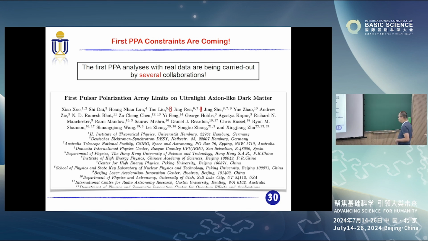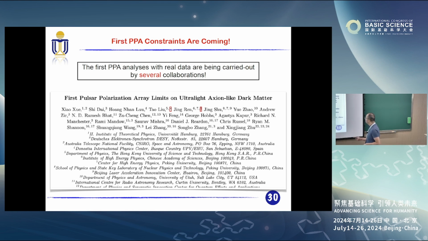Next, I will show some results obtained from the work in collaboration with PAX PTA. These three first authors: Xiao Xue is a postdoc in DESY, Shi Dai is a PPTA member and now is in Australia, and Hongnan Lu was my former PhD student and is currently a postdoc in Spain.